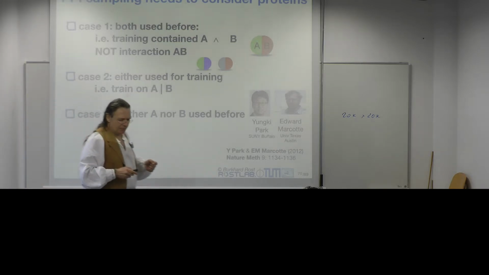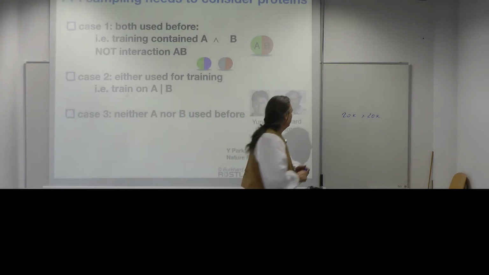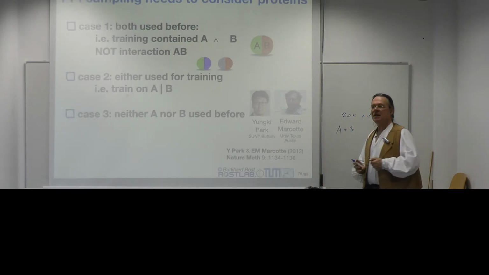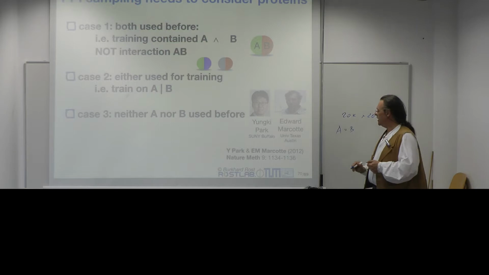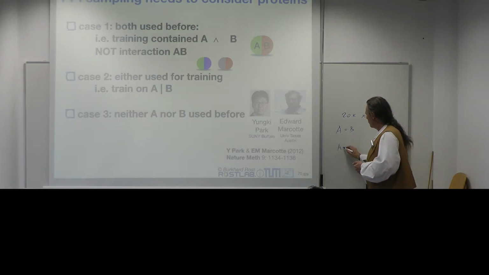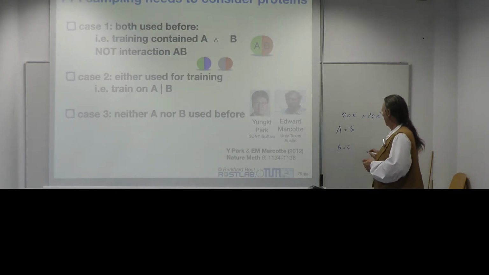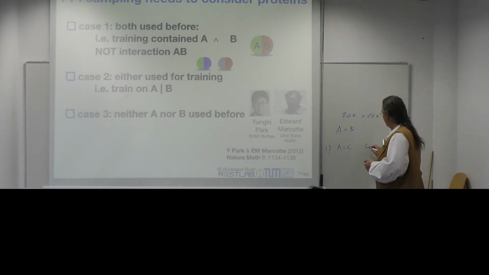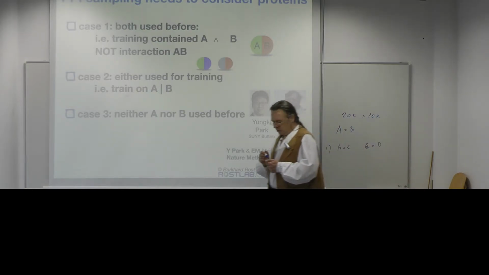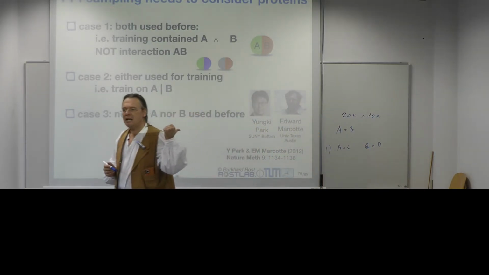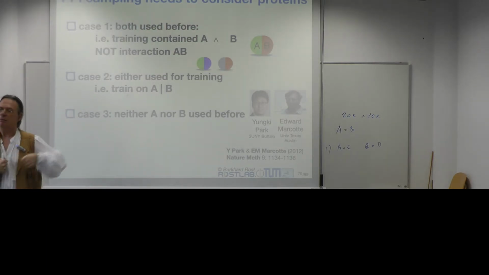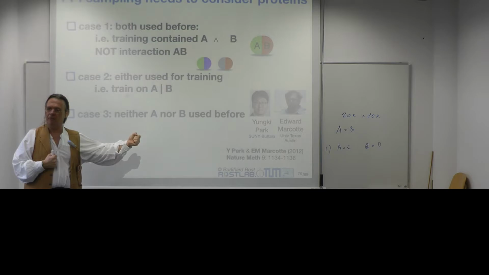So you have examples. Let me illustrate that. You have a protein A and B, and you want to test its interaction. So case 1 is that A has been used for training, but say A with C. And B has been used for training, but B with D. So in your training set, you have cases of A and you have cases of B, not interacting with A and B, but with other proteins. Okay?